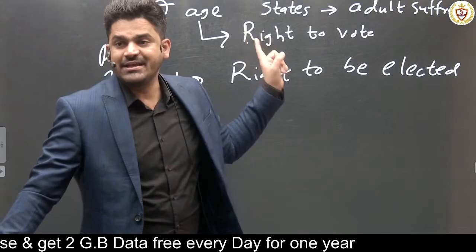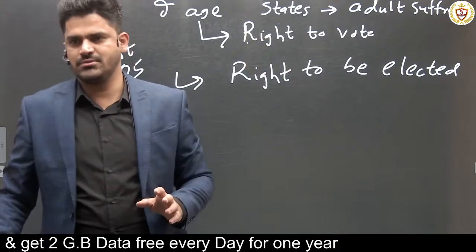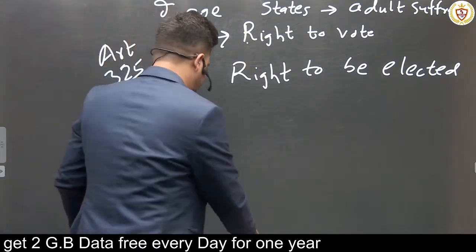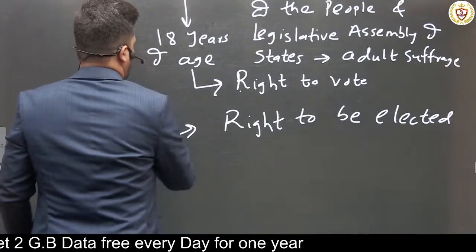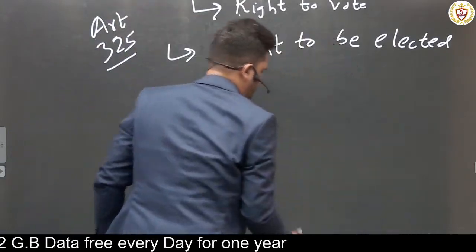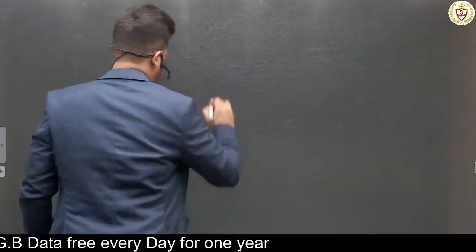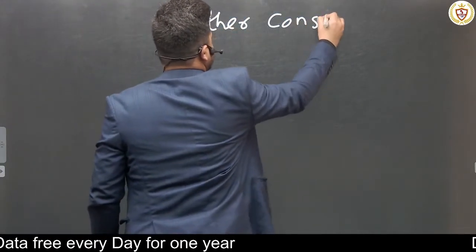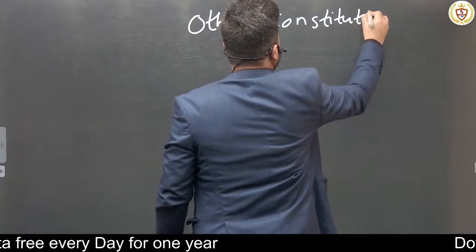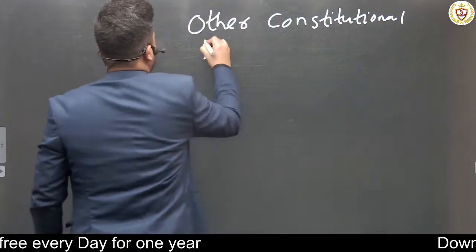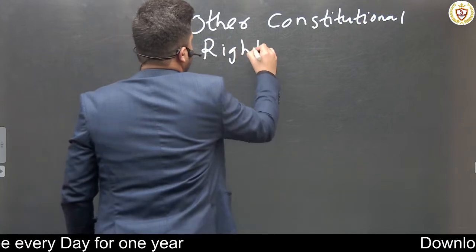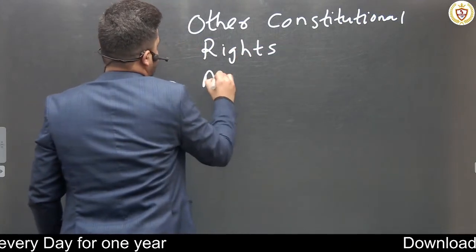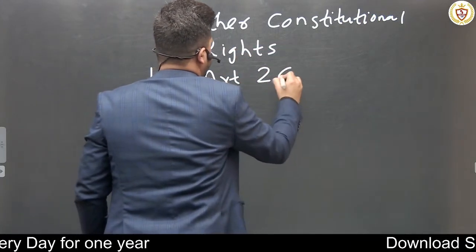So these are all the examples of other constitutional rights. What are they? कौन से? Let me write it here. Examples of other constitutional rights, and the articles under which they are mentioned.